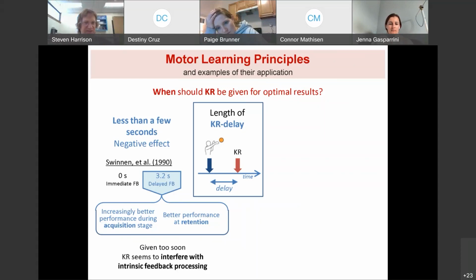According to Swinnen's theorizing, it can take a few seconds for that intrinsic feedback to be processed. So if you immediately give feedback yourself, you're going to interfere with that process. Now, there have been other studies that looked at the potential benefits if you give knowledge of results feedback more than a few seconds out, or a few minutes out, or significantly later.